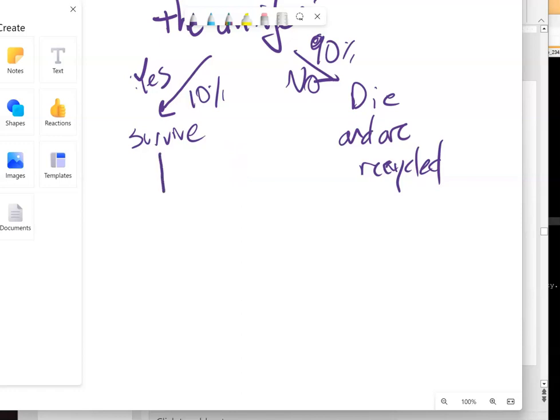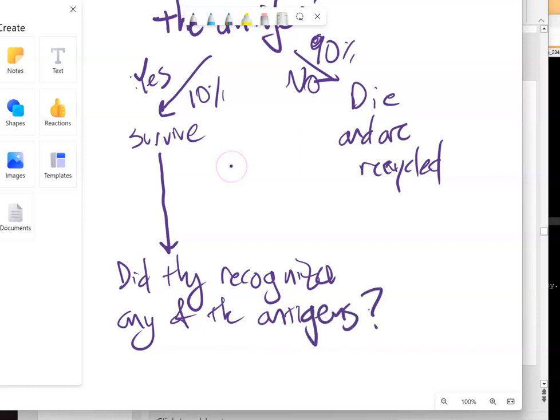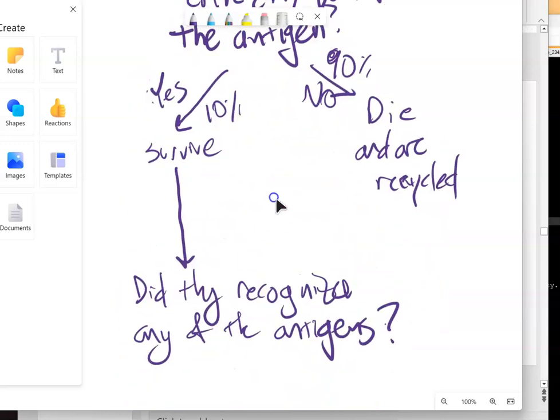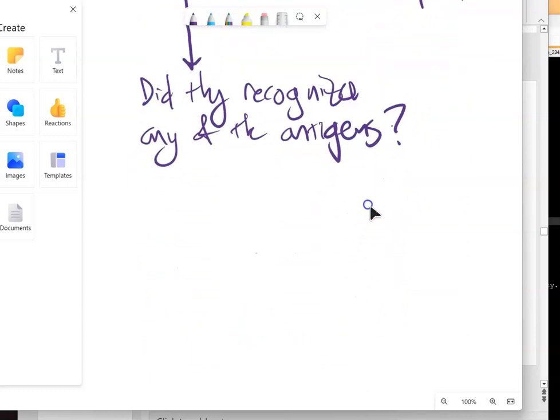So if they survive, then they have a second test they go through. And this is, did they recognize any of the antigens? Okay, so first, do they interact correctly? Can they look at an antigen? And if yes, good. Then we ask them, do you recognize any of the ones that a random epithelial cell can show you?